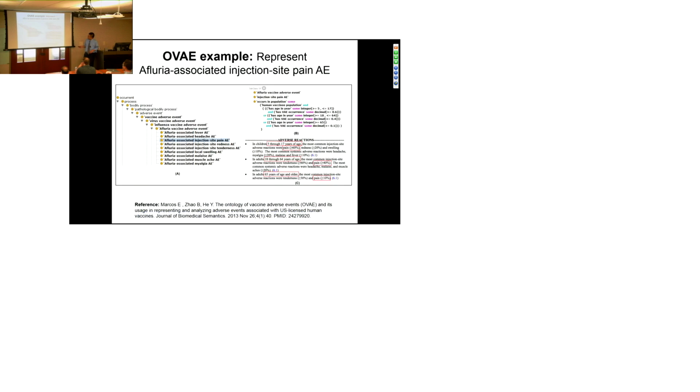Our approach is to develop the so-called OVAE, the ontology of vaccine adverse events. The whole idea is to make it a knowledge base. If we have this paragraph from the FDA package insert, you can represent it in an ontological way: I have 5 to 17 years old, I have pain, and the occurrence is over 30%.